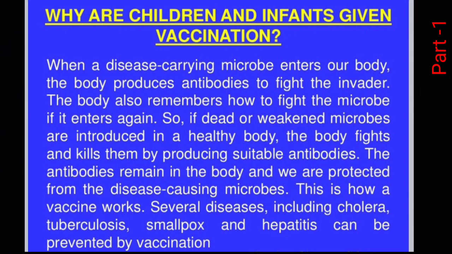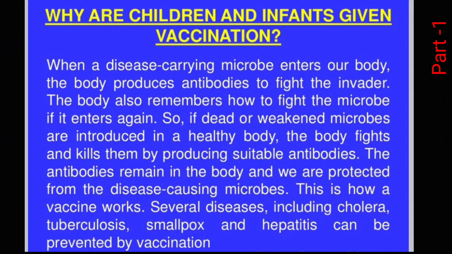This is the process which is known as vaccination. This is how a vaccine works. Several diseases such as cholera, tuberculosis, smallpox and hepatitis can be prevented by taking vaccines.